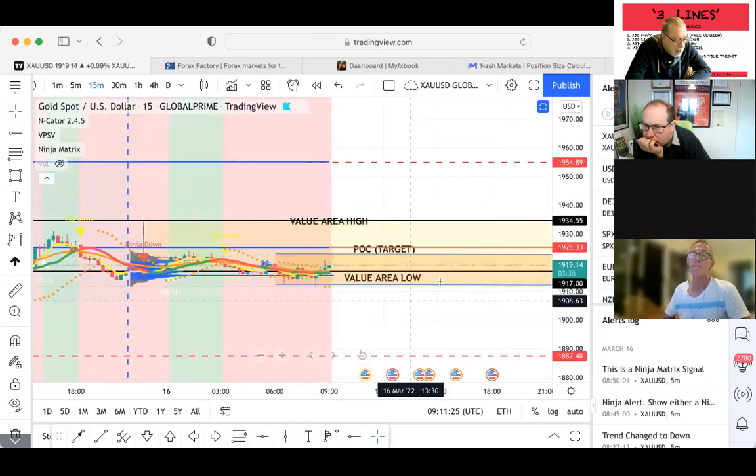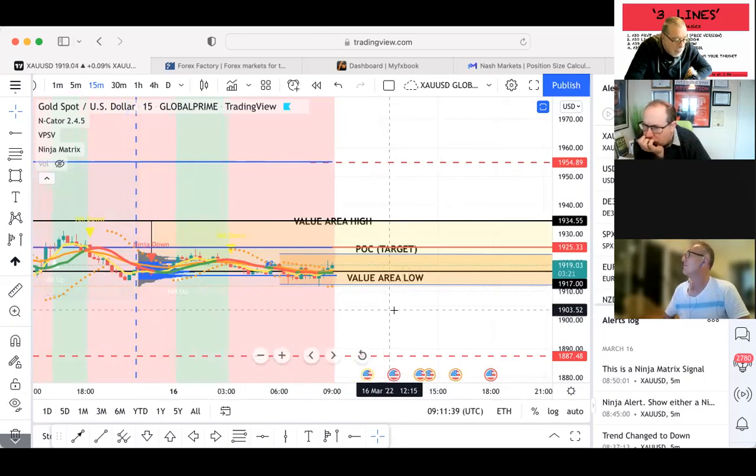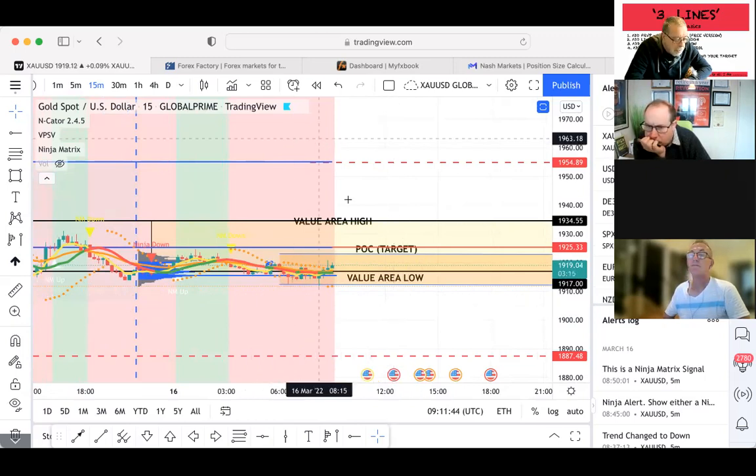Now, something to bear in mind is today is quite an important day news-wise. There are two things I'll mention. One is 12:30. There's some news highlighted there, and that basically is the opening of New York.